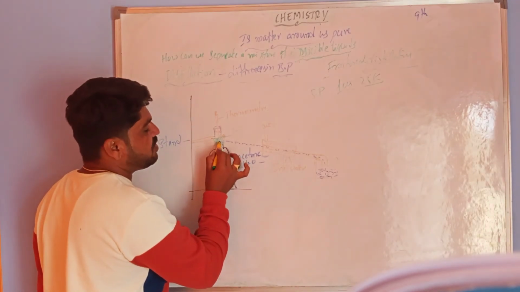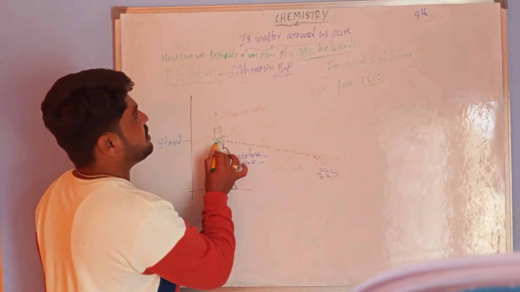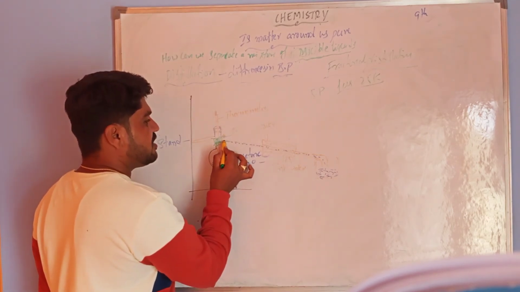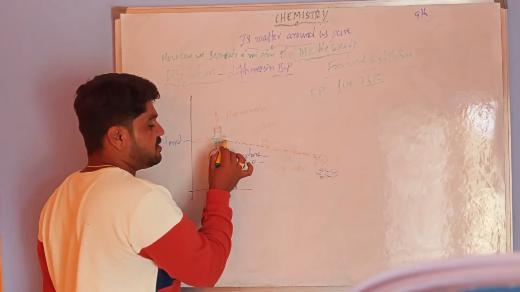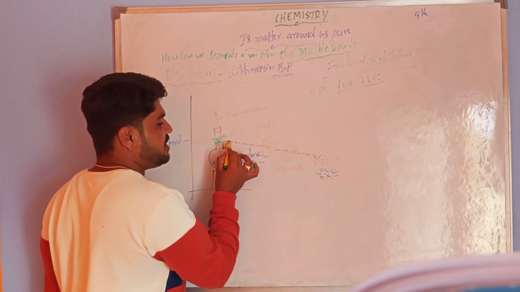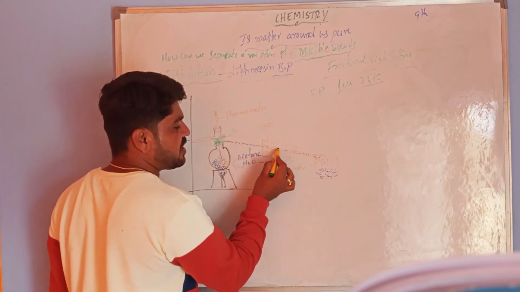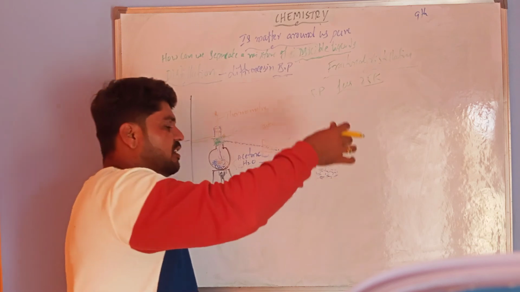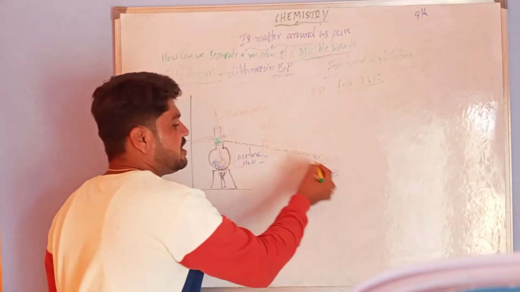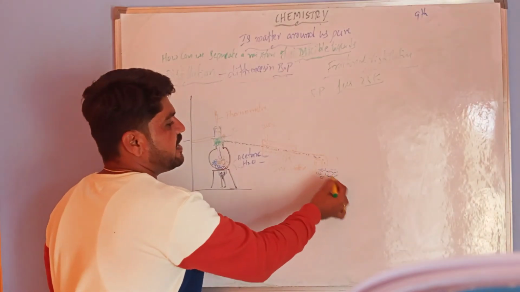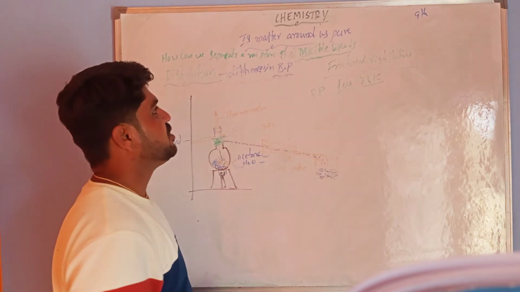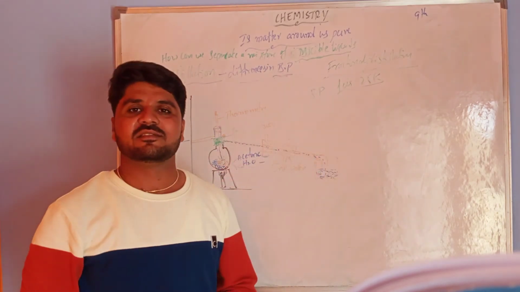From the fractionating column, the mixture components slowly come out and go to the condenser. The condenser condenses all the vapors and gives them out as a liquid. This is about fractional distillation.